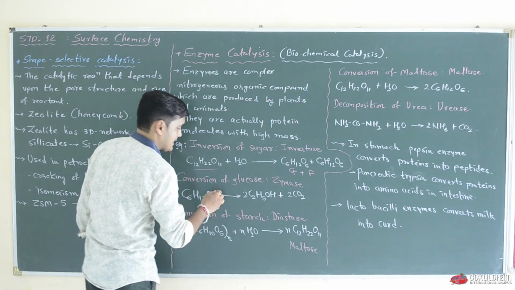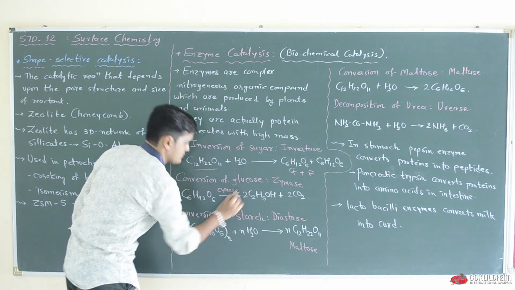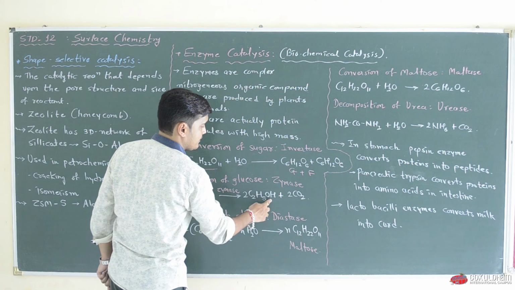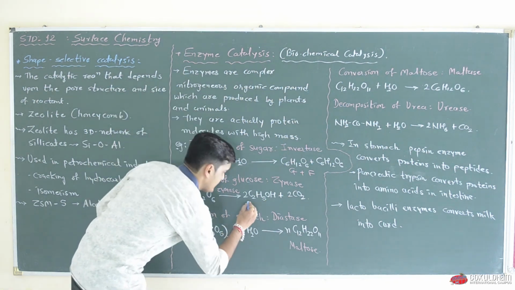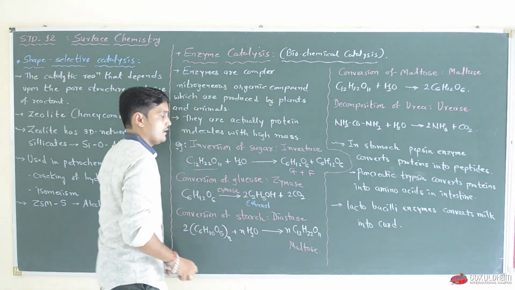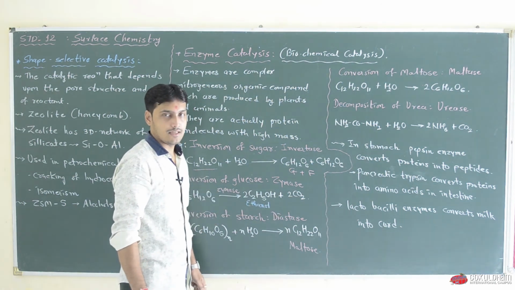You can write zymase over here, and we get 2 moles of C2H5OH, and this C2H5OH is known as ethanol, and we get byproduct as 2 moles of carbon dioxide.